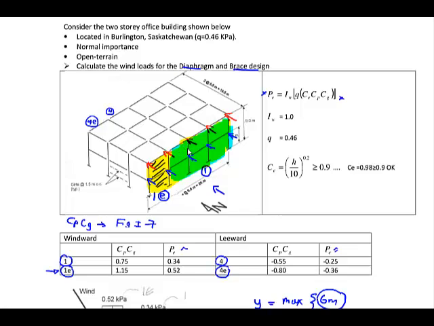So for example, for this column, it's in region 1, so that's why I'm going to use 0.34, and then the tributary area is just, I go halfway to the next columns. Okay, so my width over here is 6.5 meters. Okay, so I'm going to go halfway to the next column, and then I go halfway down to the floor. Okay, so that's my tributary area for this column.